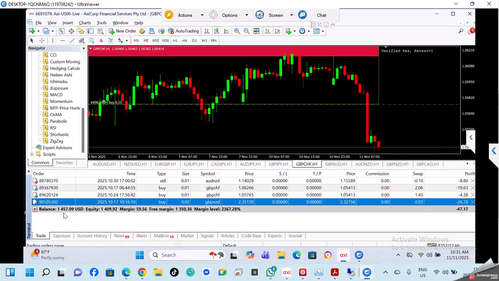Multiply by 2.5%. 36.4. That means if you look at this, it's minus 26, and we need 36 to hedge.